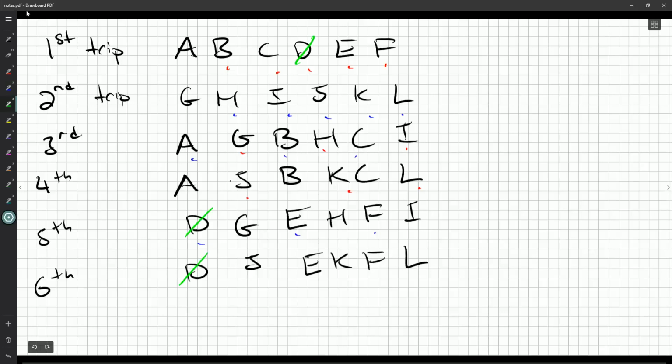I also really like the pattern here that I just sort of broke these up into pairs and shuffled them in amongst themselves like a deck.